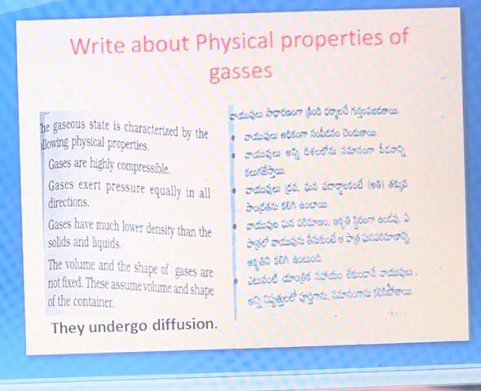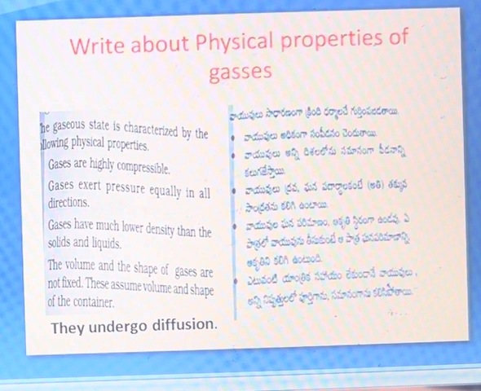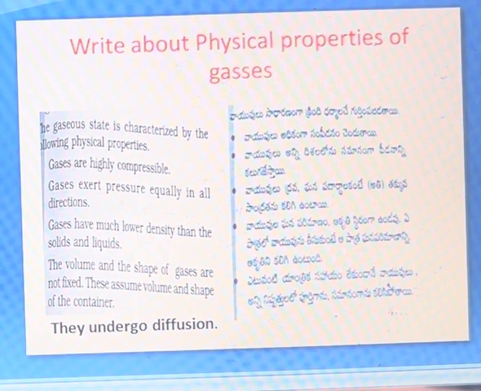In solids, the number of molecules in unit volume is more because they are closely packed, whereas in liquids the molecules are somewhat fewer when compared to solids in unit volume, whereas in gases the number of molecules is very small in unit volume because the distance between the molecules is more. So, the number of molecules present in unit volume is very small.